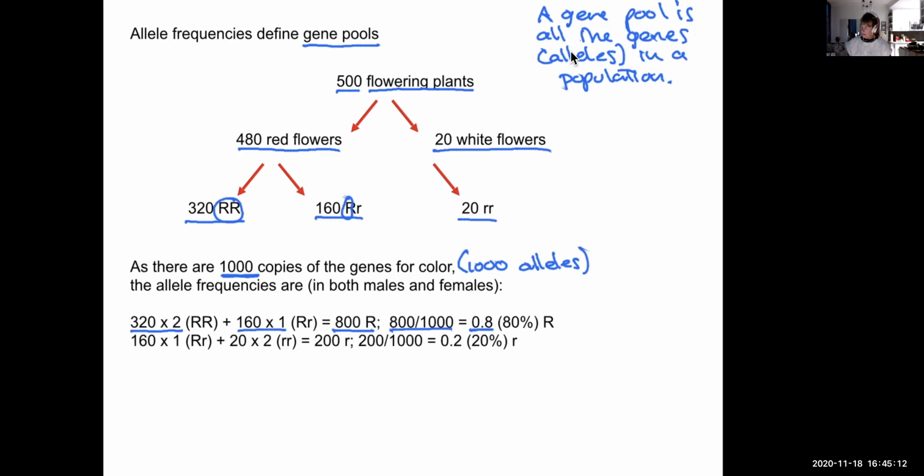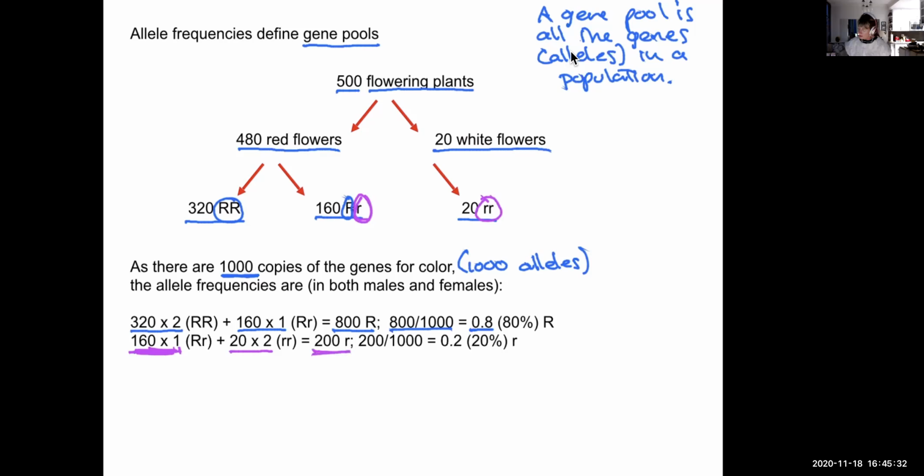Let's look at the recessive allele. We've got 160 times 1, plus 20 times 2.